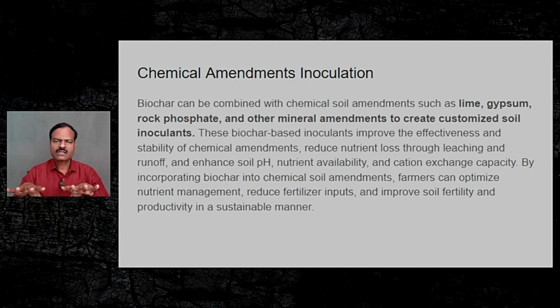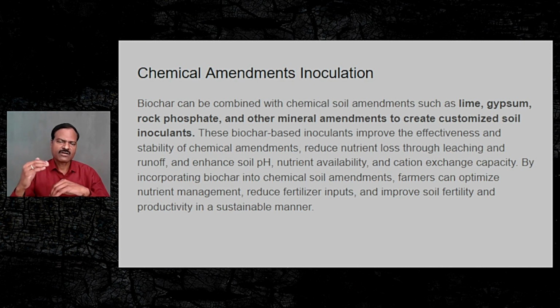One has a choice to go with organic inoculants or natural minerals that can be inoculated with biochar, or the chemicals that are specially made which can also be inoculated. So there are various methods and choices with biochar.